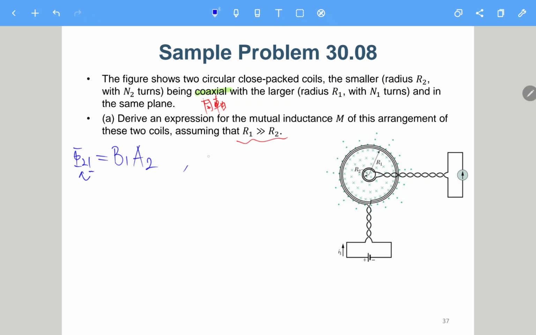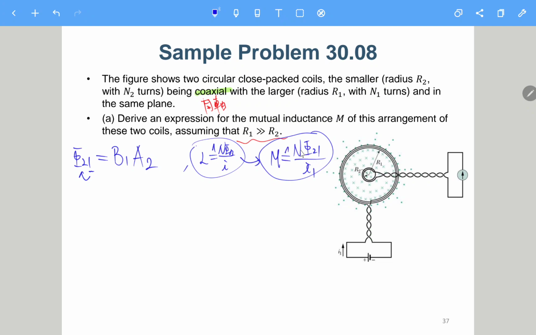Previously we had L equals N phi B over I. For mutual inductance, we change it to M equals N phi 21 over I1. This is the definition for the inductor, and this is the mutual inductance.